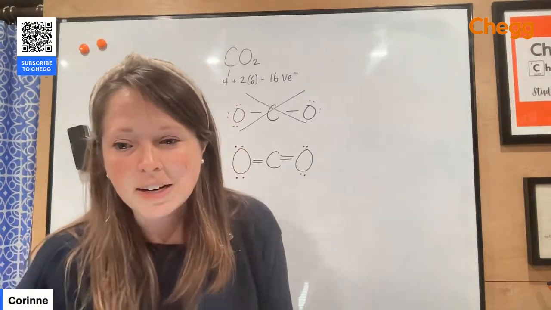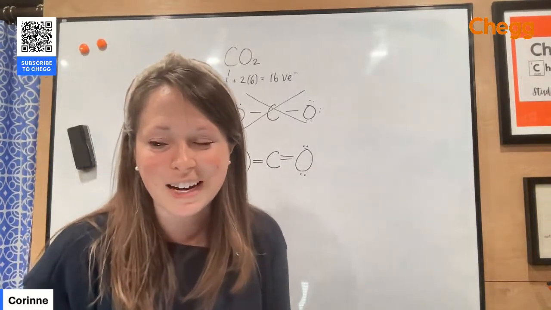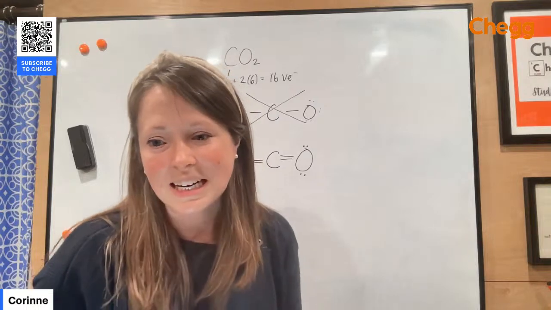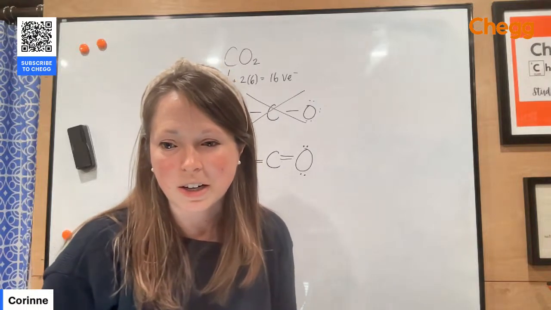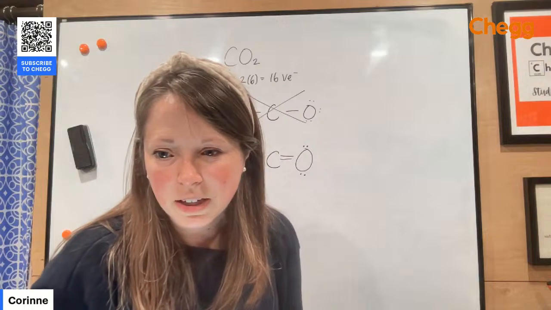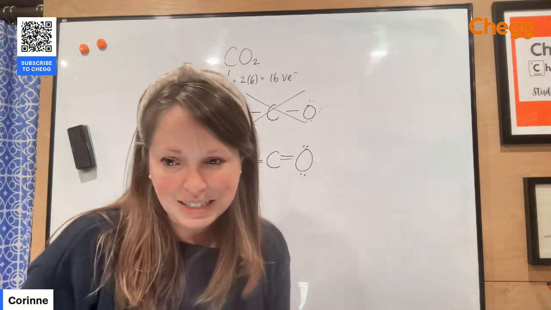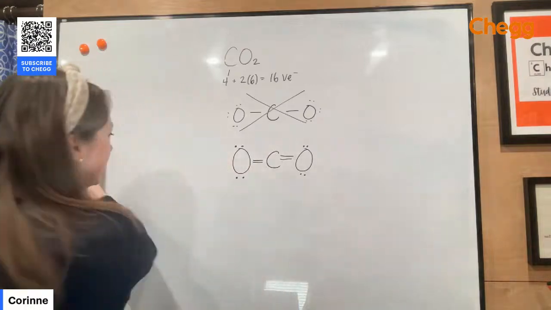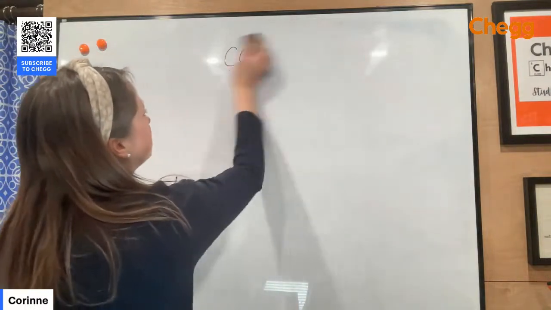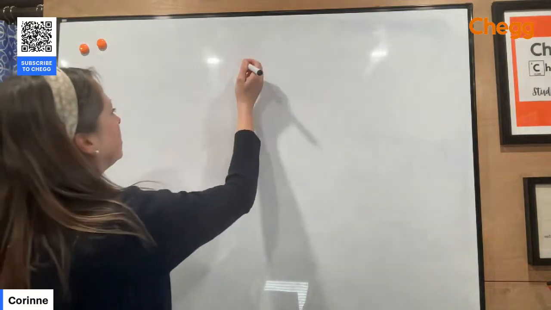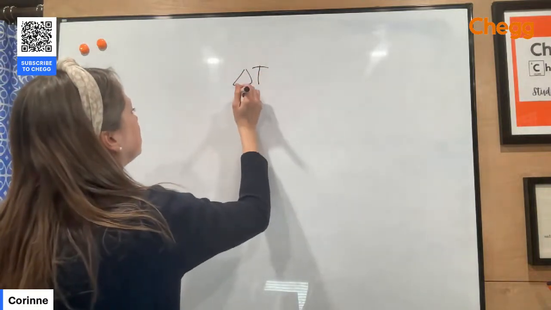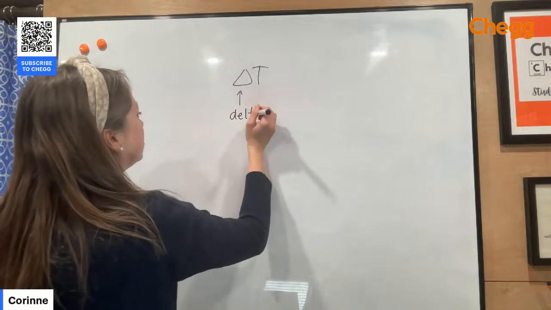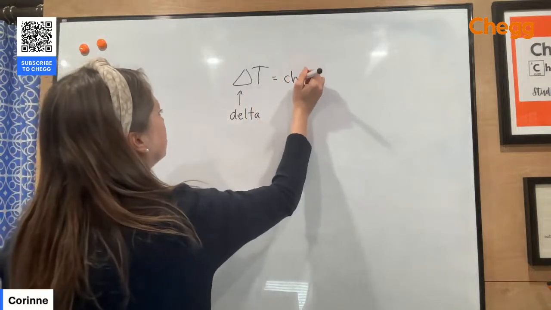That's awesome. All right, so going back to our previous question, delta T is going to be the change in temperature. Anytime you see the symbol delta in chemistry, delta represents the change.